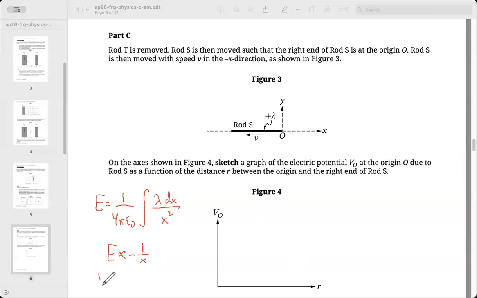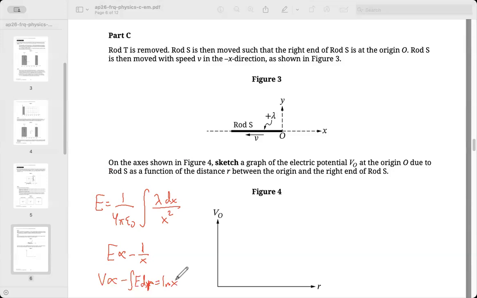The electric potential will be proportional to the negative integral of E dr, which is going to equal natural log of x. Now, all that being said, we should expect that when the end of the rod is at the origin, you should have an infinite potential.